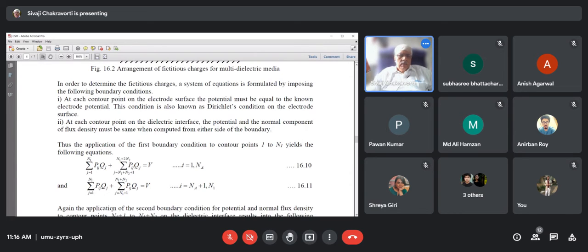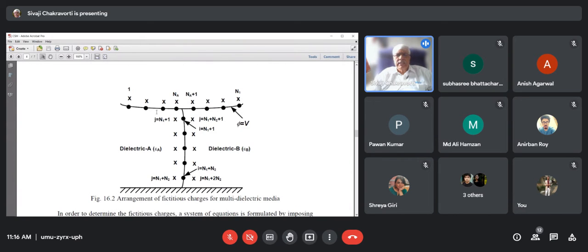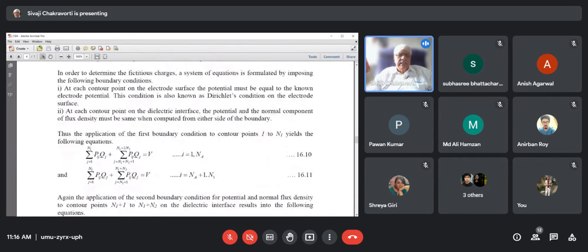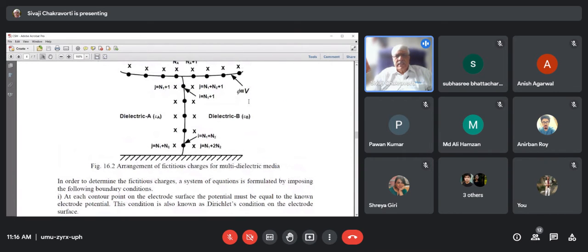So we are taking j equal to 1 to N1, which means all the charges within the electrode. And then we are taking j equal to N1 plus N2 plus 1 to N1 plus 2N2. That means the charges on the right side, that is in the dielectric B side on the interface.